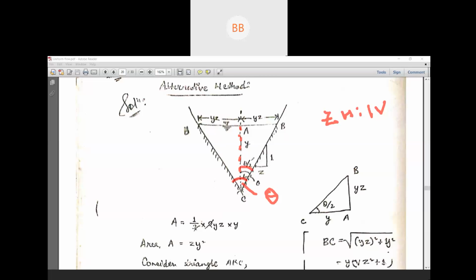For this side your angle is theta by 2, and for the other side it is again theta by 2. Then we have marked this point as A, this is your B, this point is C, that is the bottom of the channel, and this point is D. The depth of flow we have considered y.